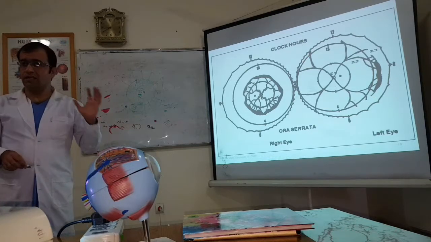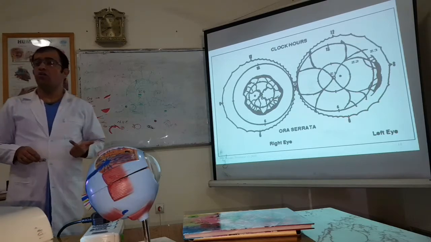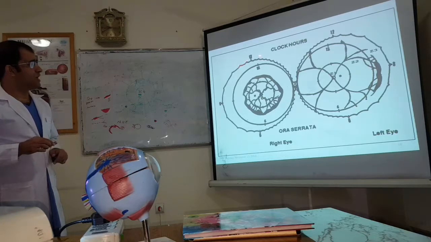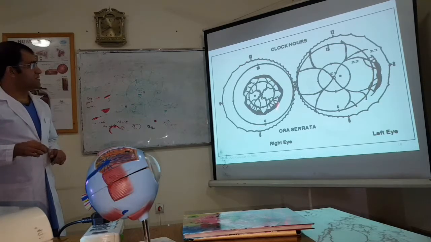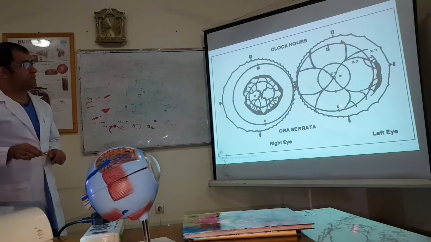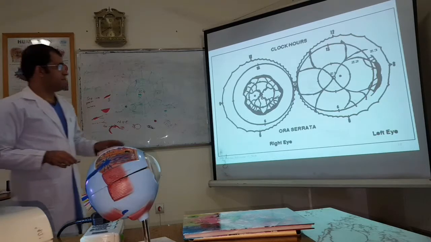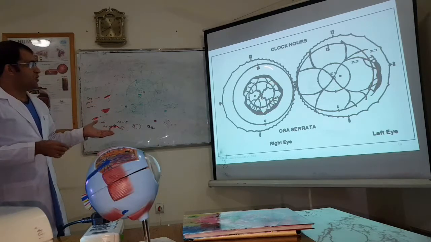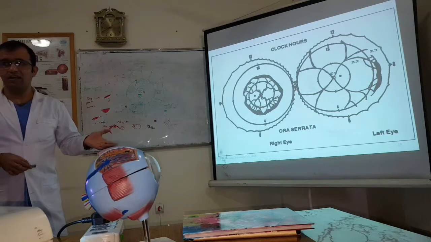In the right eye, the serrations of ora serrata are more marked nasally, from 11 o'clock up to 5 o'clock. And for the left eye, from 7 o'clock up to 1 o'clock, they are more marked. So, for example, if the other eye is not present, by looking only at this one, we must understand whether it is the right eye or left eye.